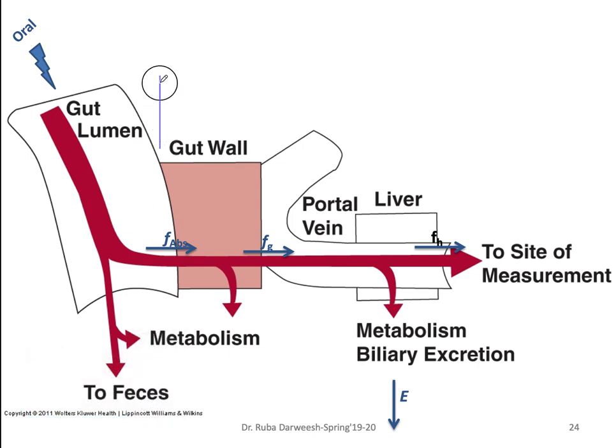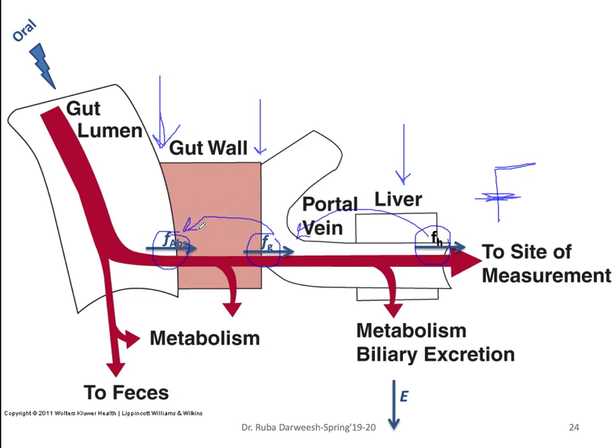I have step 1 here, step 2 here, and a step here which is the liver. These are the fractions that survive each of them, regardless of whether it was metabolism, excretion, whatsoever. I don't care. It survives each and every step. If you have those kinds of fractions, the total fraction of the drug reaching the systemic circulation will be the multiplication of those sequential fractions.